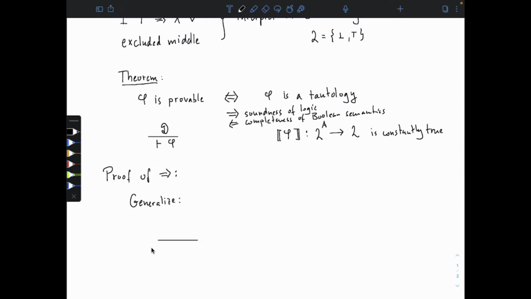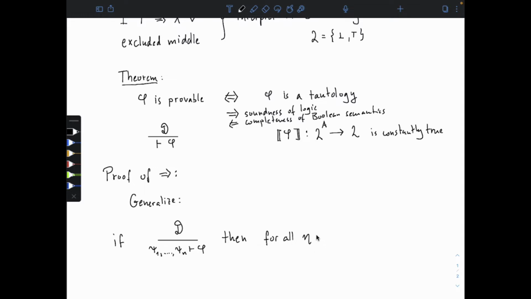So that means I should phrase the theorem in the most general form. The most general form is that you say, aha, I derived something under hypotheses, and then the theorem has to be: if this, then, well, then what? Now something, but now it can't be just about phi, it has to be about the hypotheses as well.